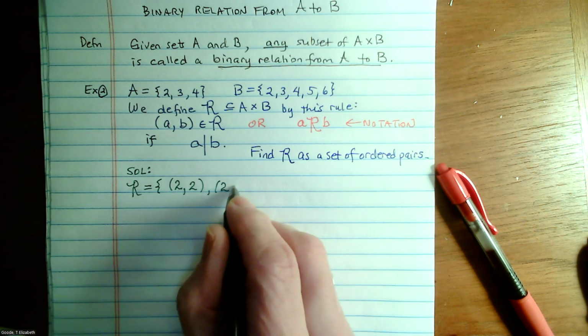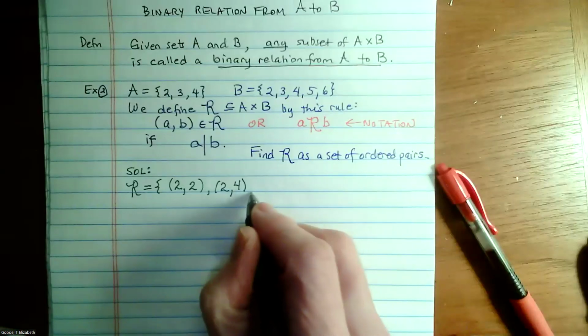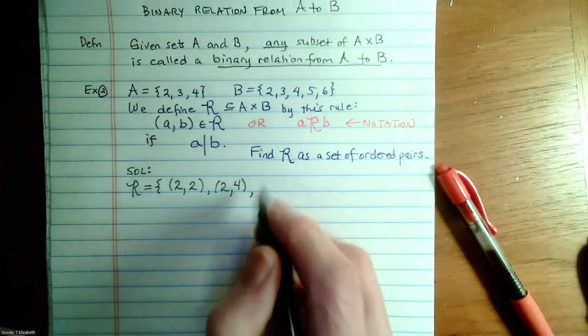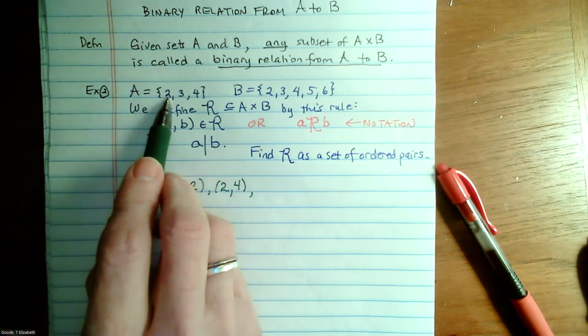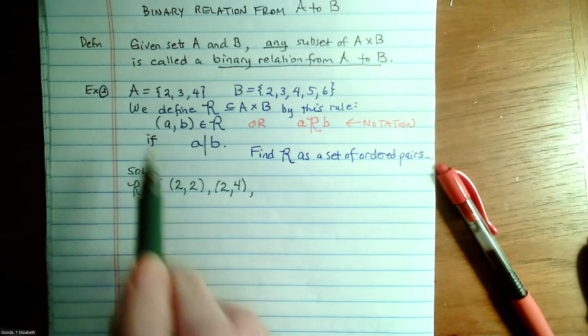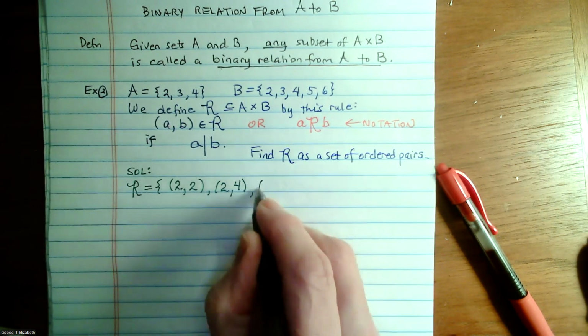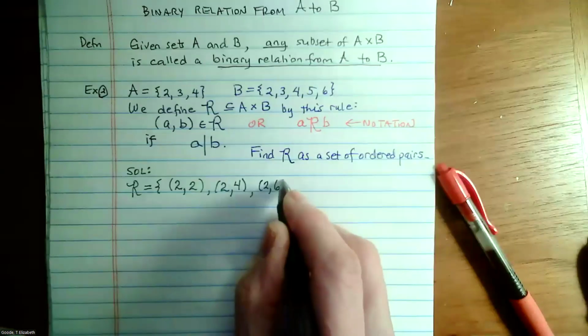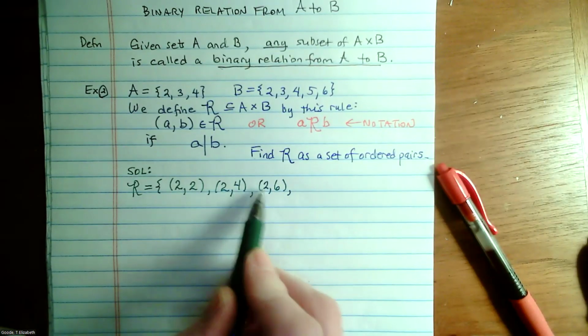Yep, good, Danny. 4. Excellent. Any other elements of set B that could serve as the second coordinate when the first coordinate is 2 from set A? (2, 6). Yep. And I think that exhausts the ordered pairs that have 2 as the first coordinate.